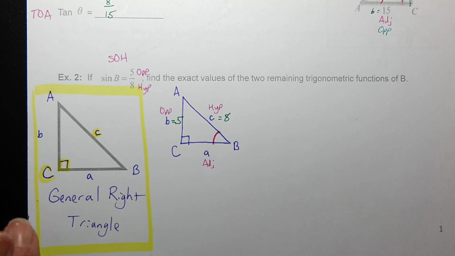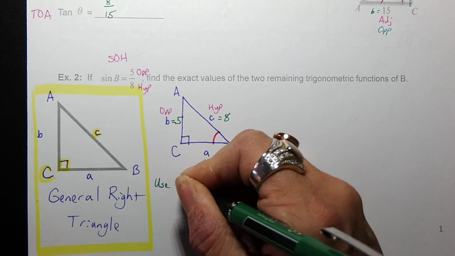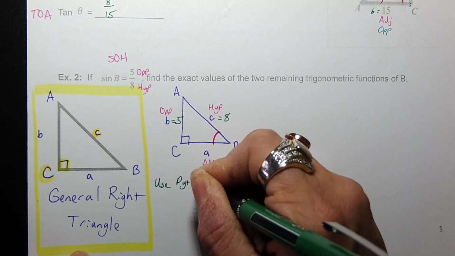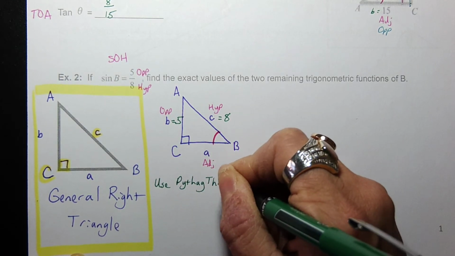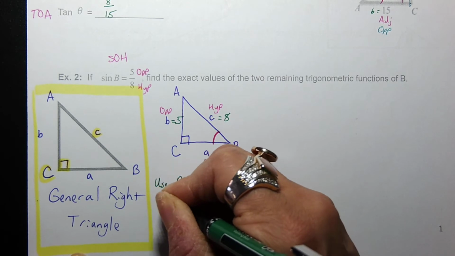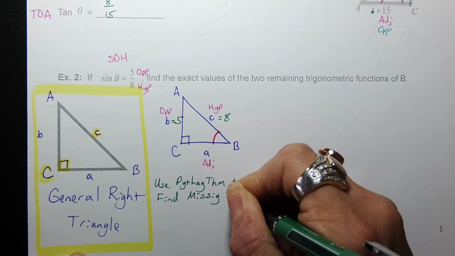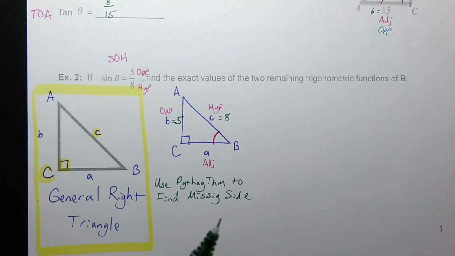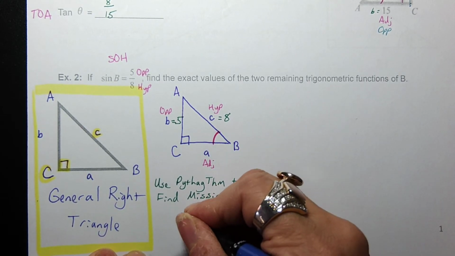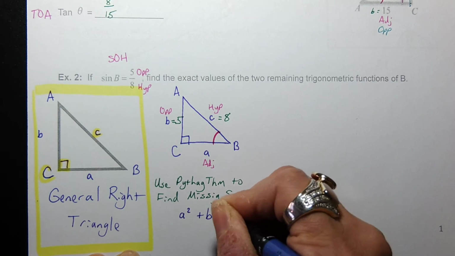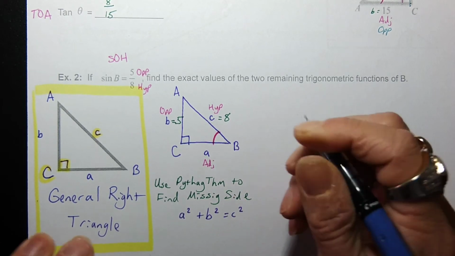So what do we use to find that? The Pythagorean theorem. So use the Pythagorean theorem to find the missing side. A squared plus B squared equals C squared.